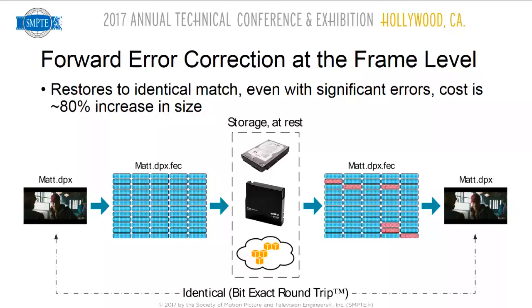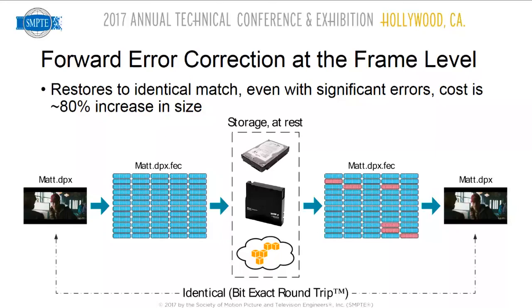Well, you can take an image, a DPX file, and you can FEC, forward error correct, that file. And you can dial the gauge on how much FEC, how much protection that you want. So you can take that image and blow it up by 80%. These are the same exact techniques used by the object store companies that are ensuring your 15 nines or 21 nines of reliability, and then store that at rest.